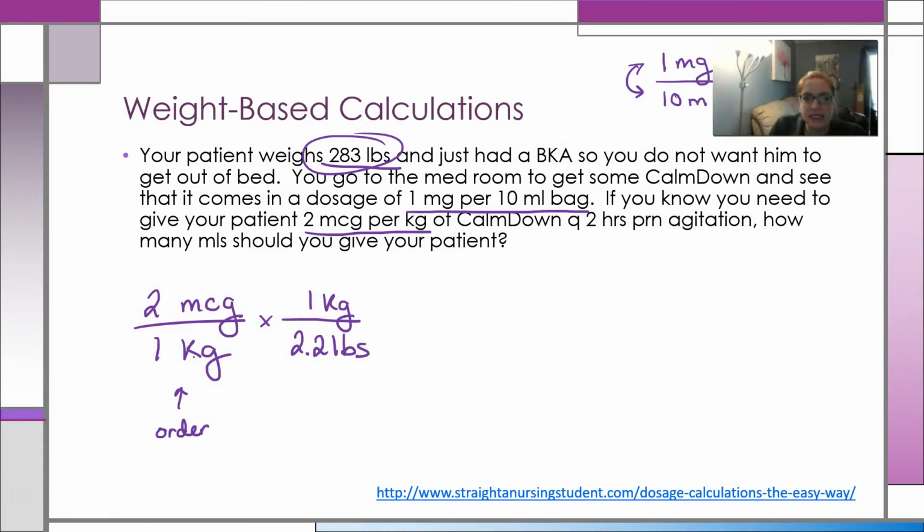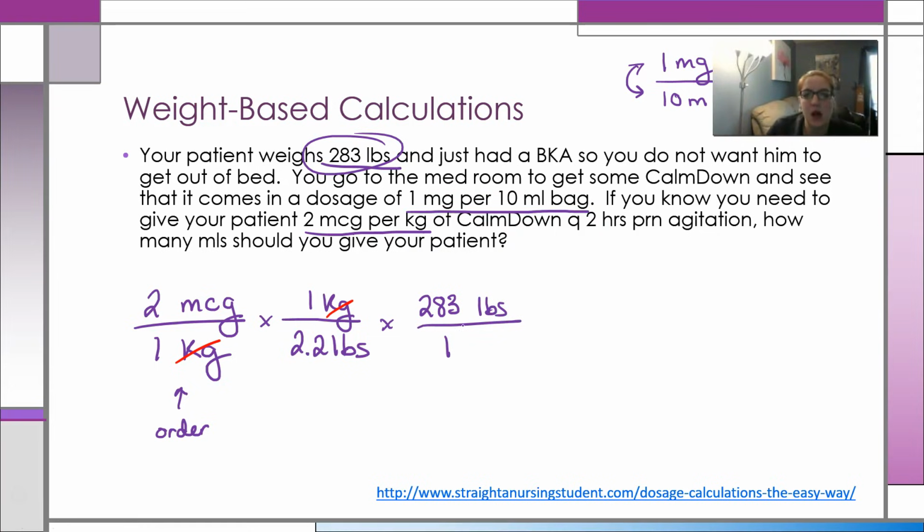And then we say, okay, well, we know that the kilograms cancel. And now I can go ahead and write my pounds on top, 283 pounds per one patient, or we just put it over 1.